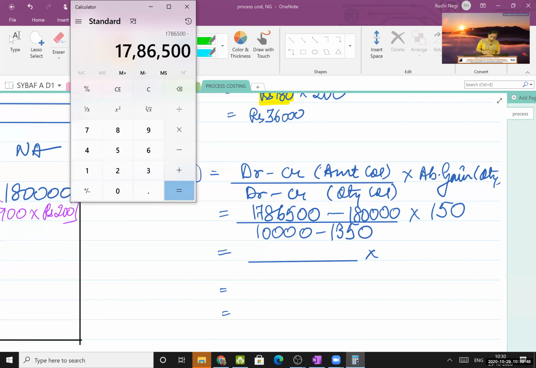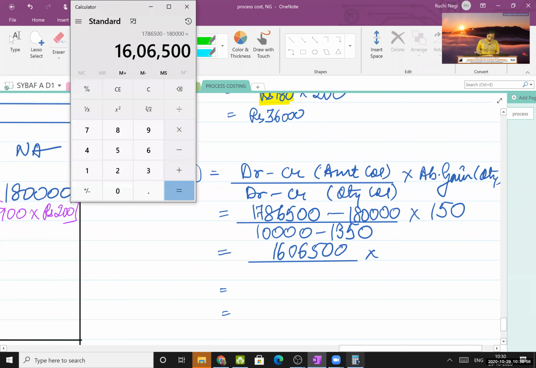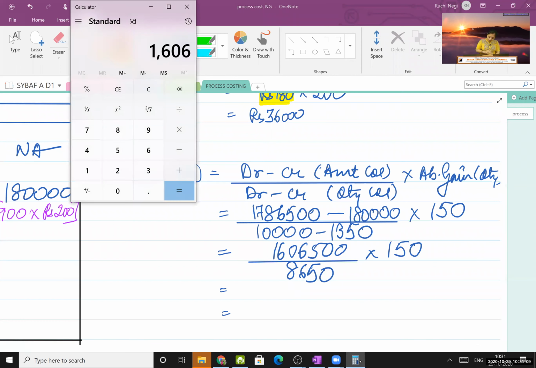So minus 1 lakh 80, 16 lakh 6 500. 10,000 minus 19,000. 8650. 1606 500 divided by 8650 185.72. Yeah, 17 lakh 86 500 no? 17 lakh 86 500.